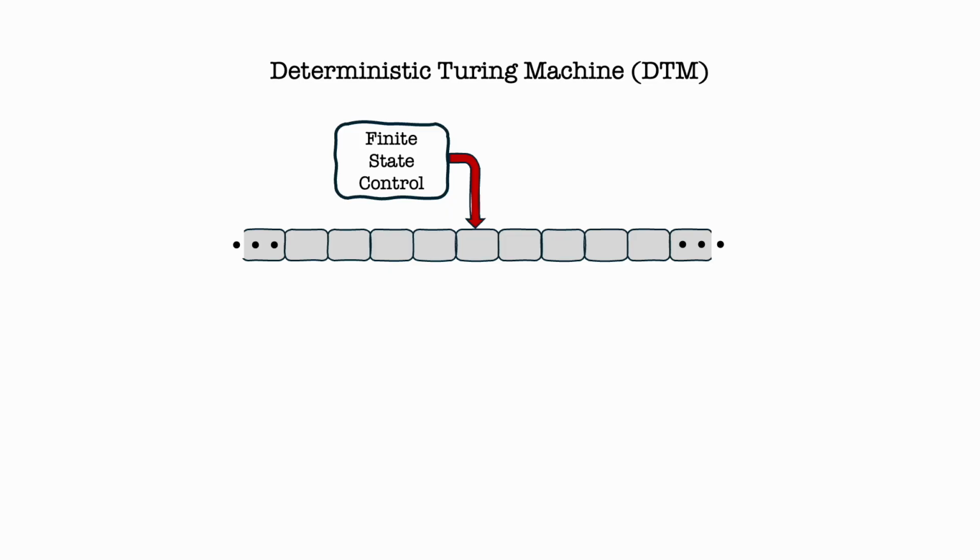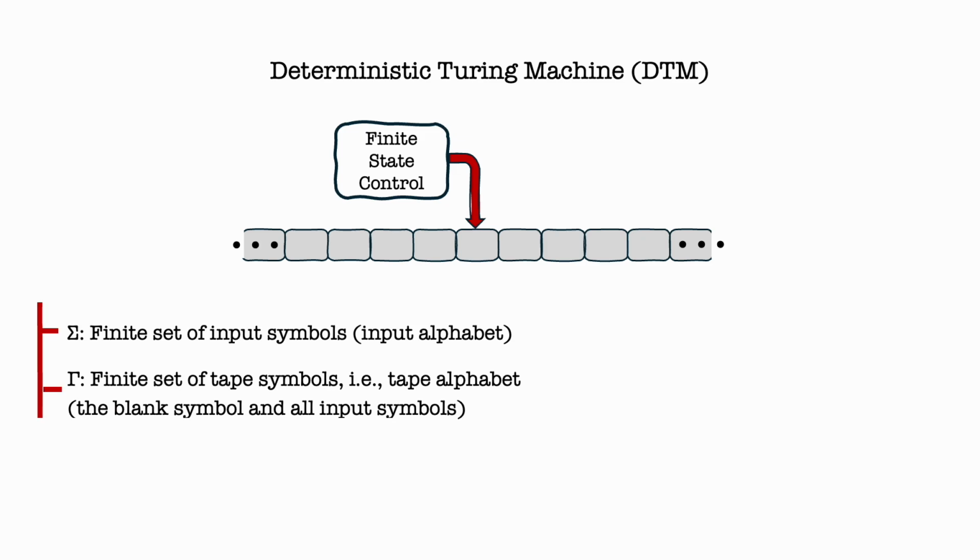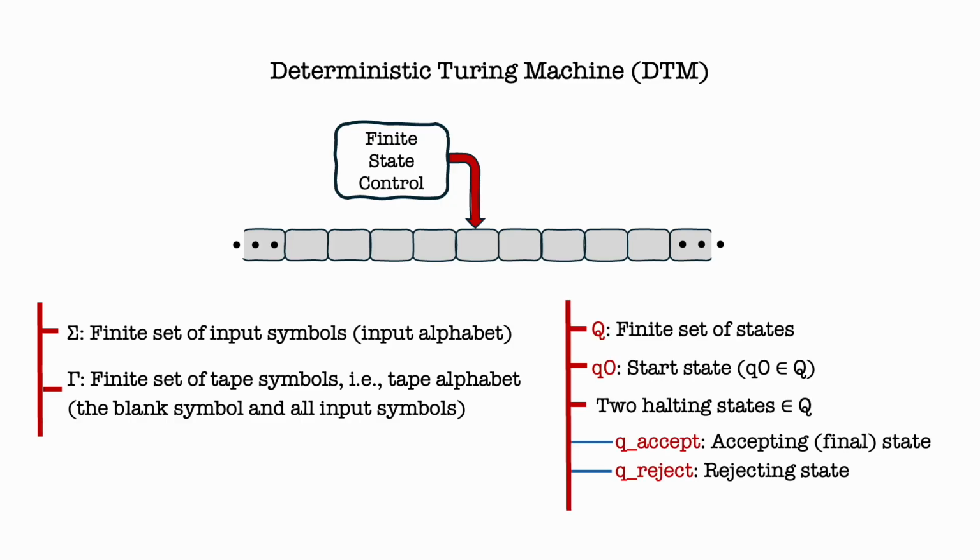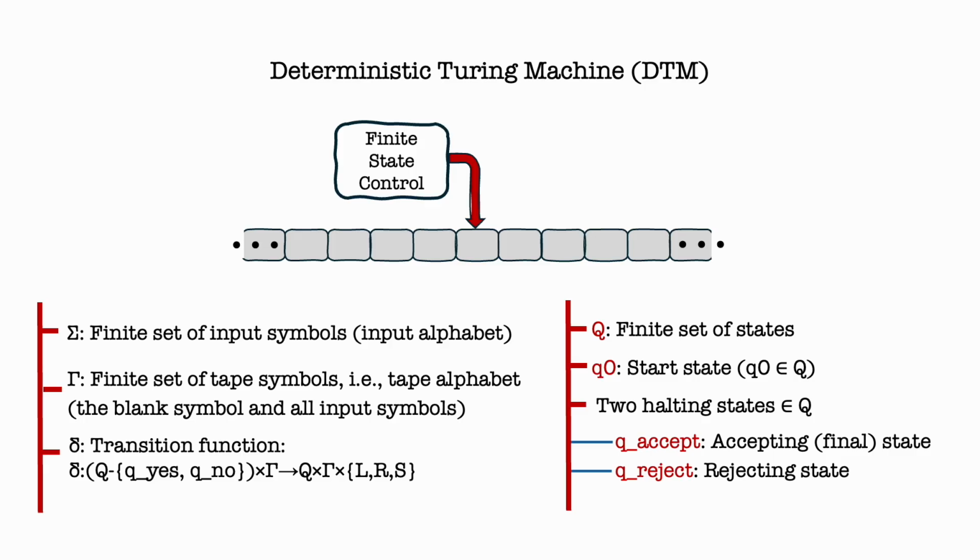When we write a program or formal specification for a DTM, it must define a finite set of input symbols or input alphabet, a finite set of tape symbols or tape alphabet, which includes all input symbols and a special blank symbol, a finite set of states Q, including a state q0 and two special halting states q_accept and q_reject, and a transition function that specifies for each non-halting state and tape symbol the next state, the symbol to write, and the direction to move the head.